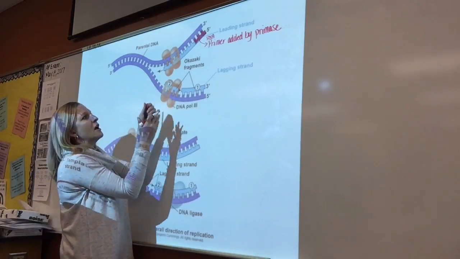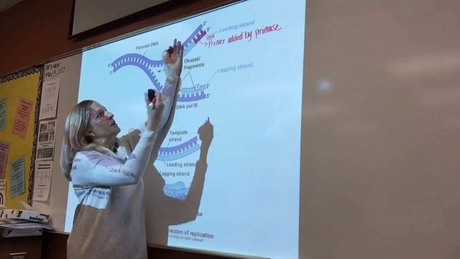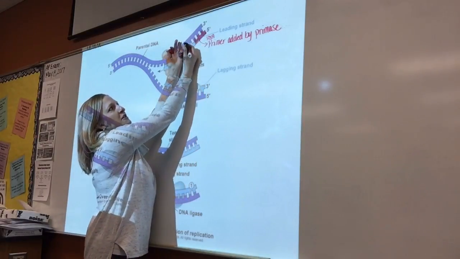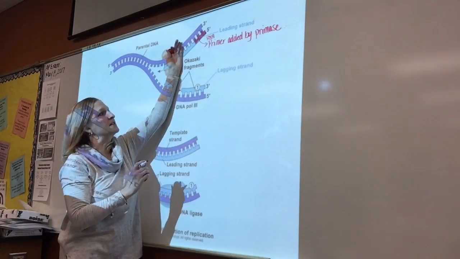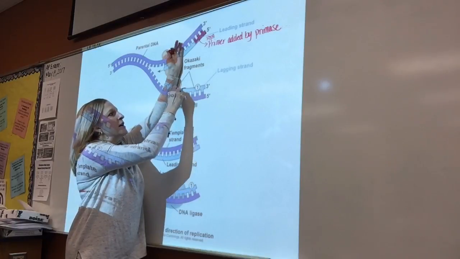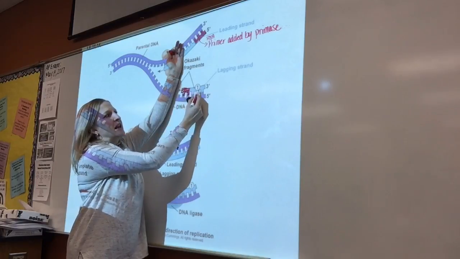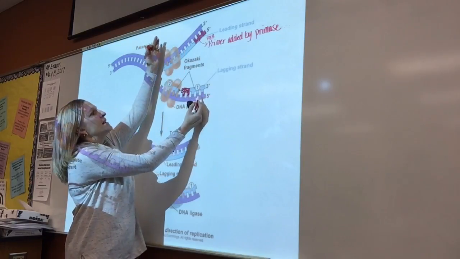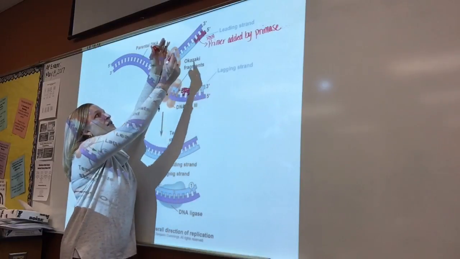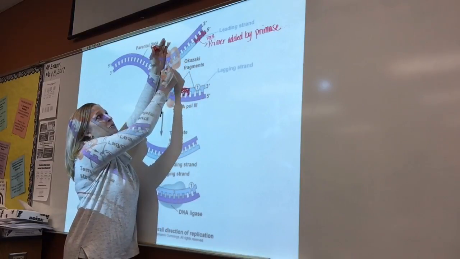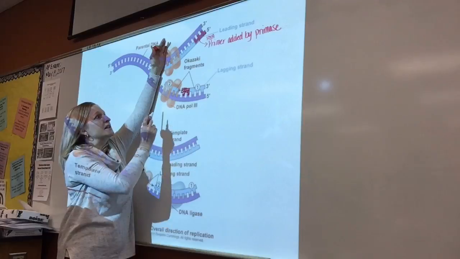So when the DNA unzips here, the primase can add a primer here, and DNA polymerase can add continuously. But here, you have to have primase add a little primer. And then DNA polymerase can add to the end. And then it unzips some more, and that's not a problem for this. The DNA polymerase can continue to move continuously there.